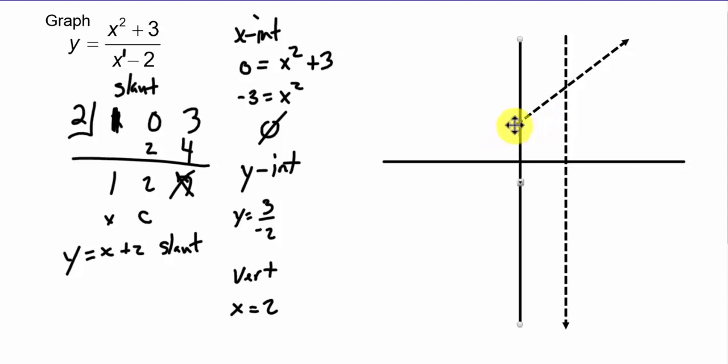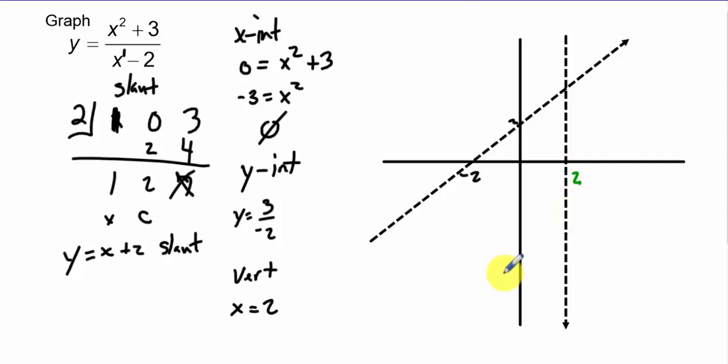Let's try it again. Extend that, something like this. Put some labels in. This is 2. That would be -2 since the slope is 1.